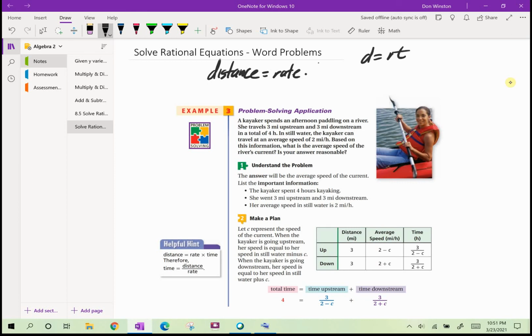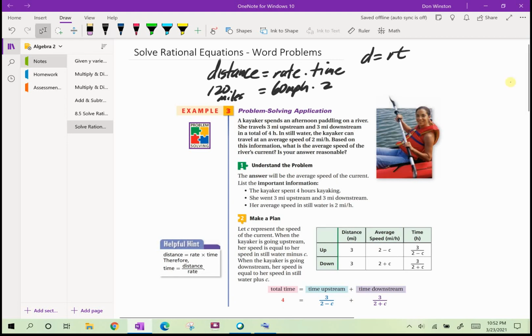So distance equals rate times time. For example, if you're traveling at 60 miles per hour and you travel 2 hours, then you've traveled a total of 120 miles.